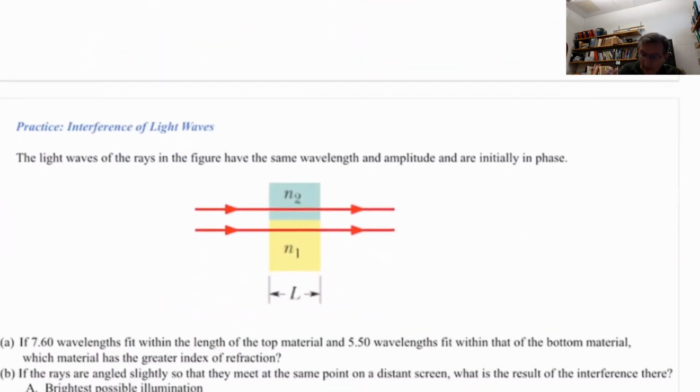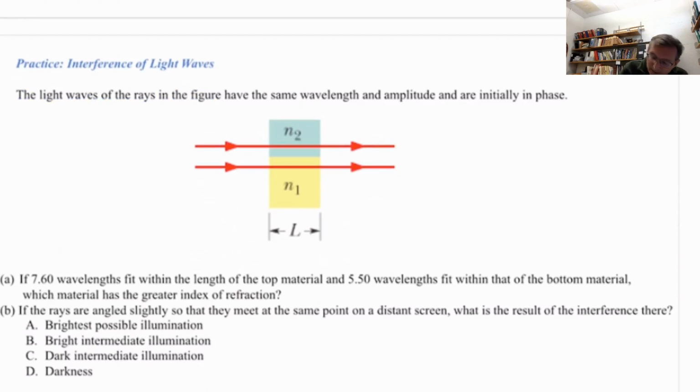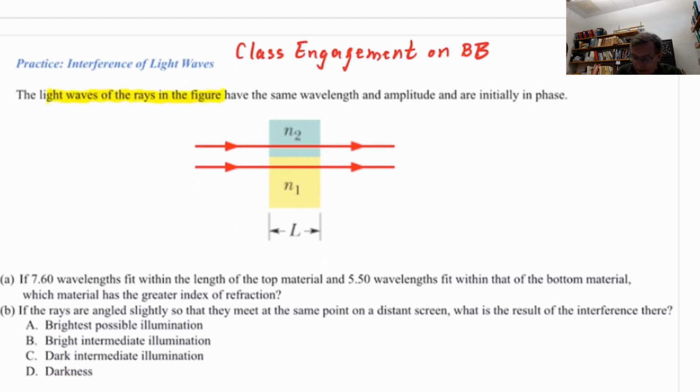Okay, a little bit of practice for class engagement on Blackboard, thinking about this very geometry that I've just been talking about. I've got the light waves of the rays in this figure. They have the same wavelength and amplitude and are initially in phase over here in the air.